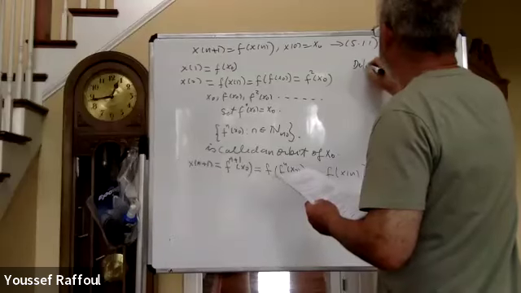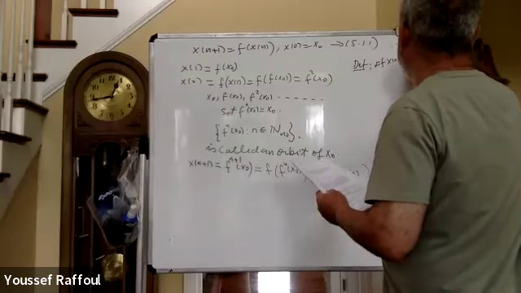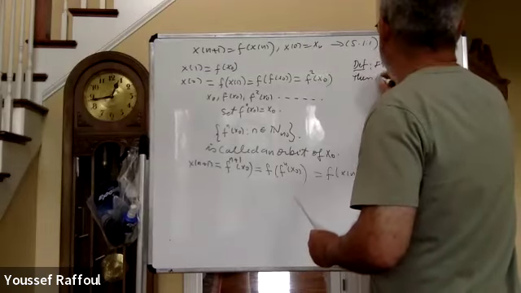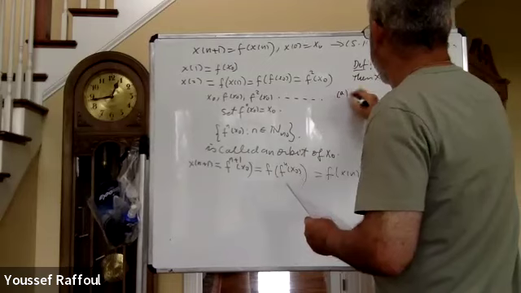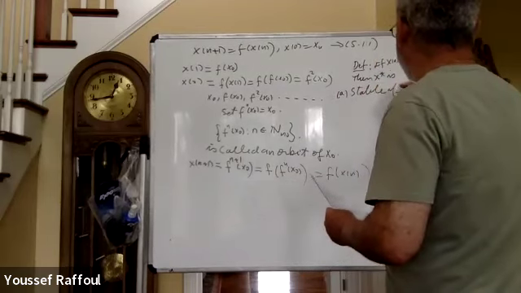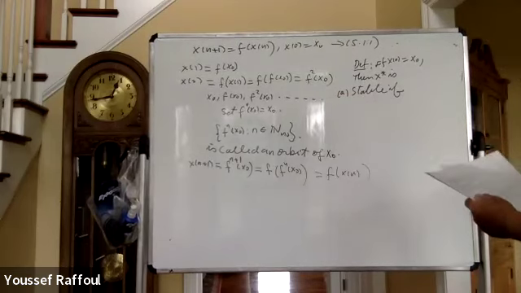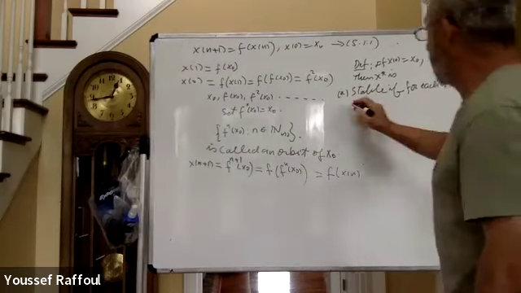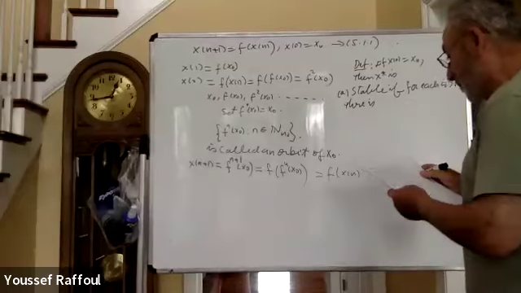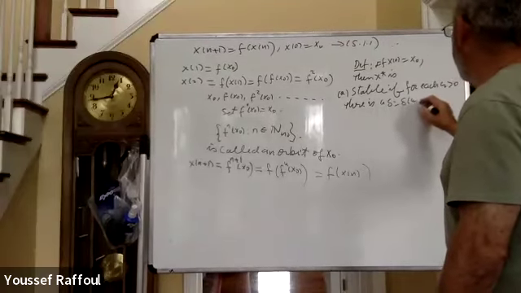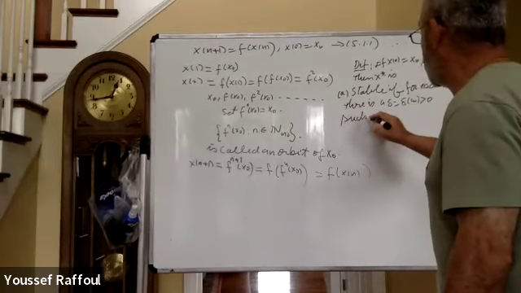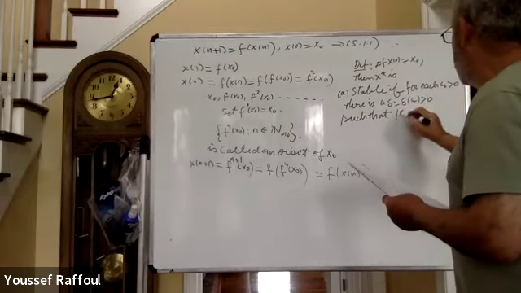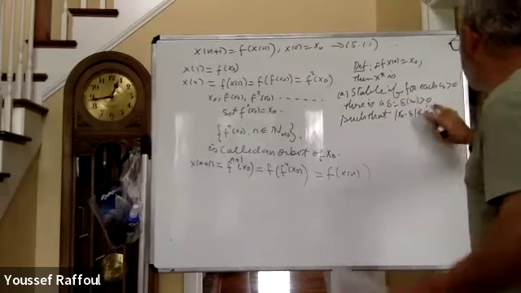Okay, so we have the following definition. If x(0) equal x_0, then x* is stable if for each epsilon positive, there is a delta equal delta of epsilon positive such that |x_0 - x*| less than delta implies |f^n(x_0) - x*| less than epsilon.